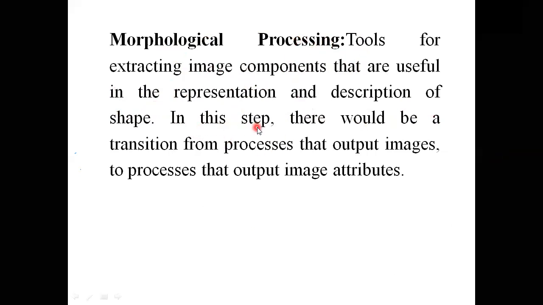In this step there is a transition from processes that output images to processes that output image attributes. Output image attributes in the sense of the total geometrical structure, the information about that object, we know in this morphological processing.